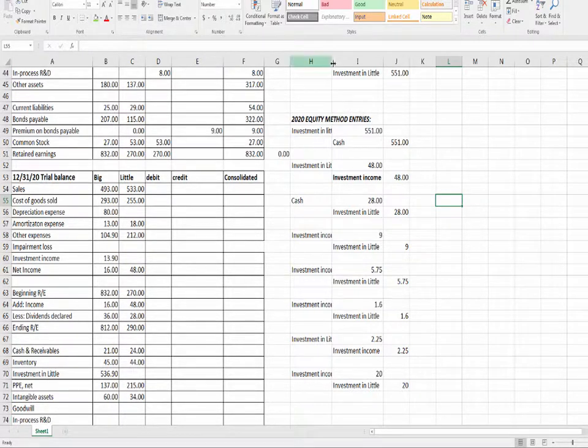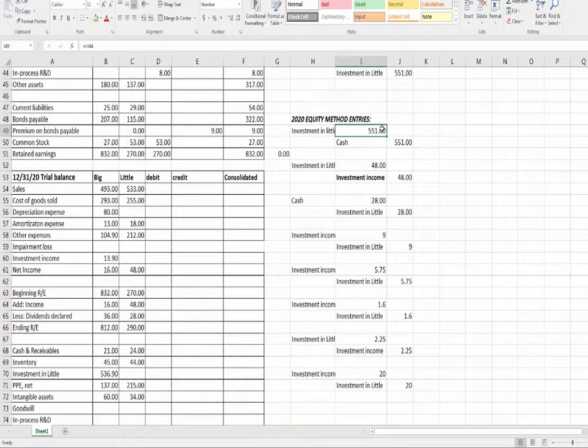For our elimination entries, I'm going to see if I can, how can I do this to make it neater? Bear with me here just one second. I'm going to try to make this a little bit nicer.